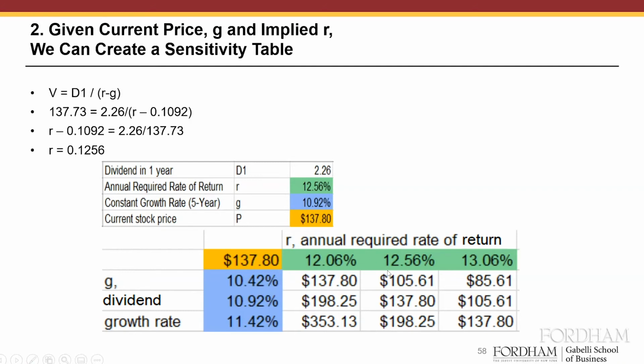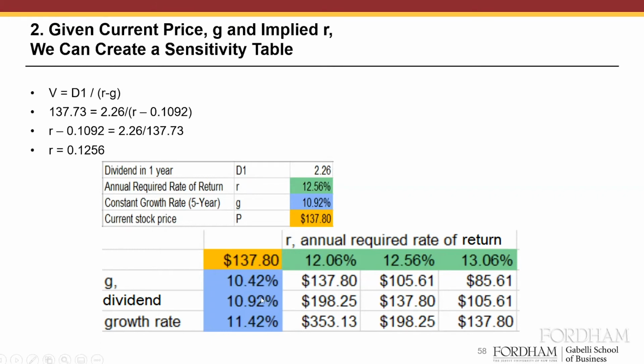So notice that in the center here, I have the stock price at $137.80, which is where we are seeing it today. And we plug in the G, the constant growth rate for the dividend at 10.92, which we plug in from here and that website just now.